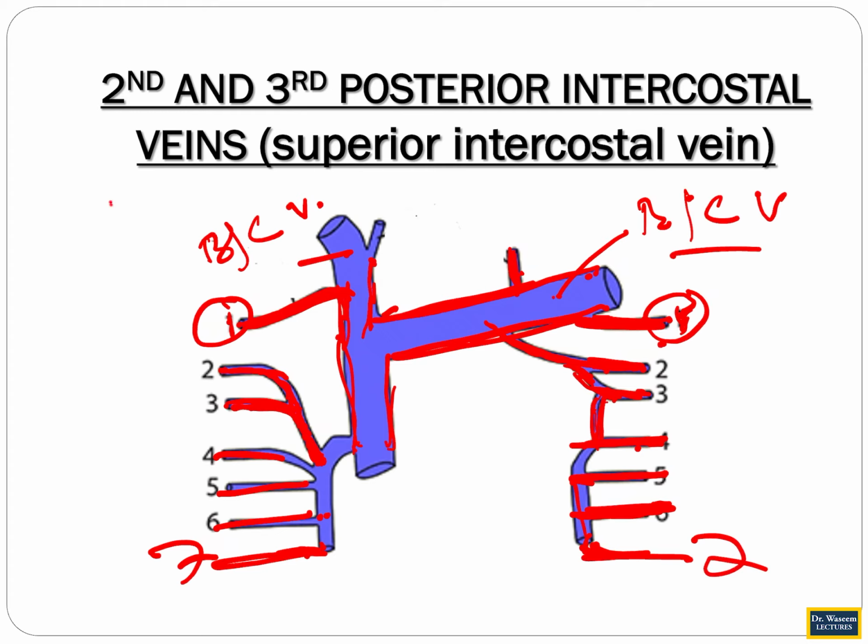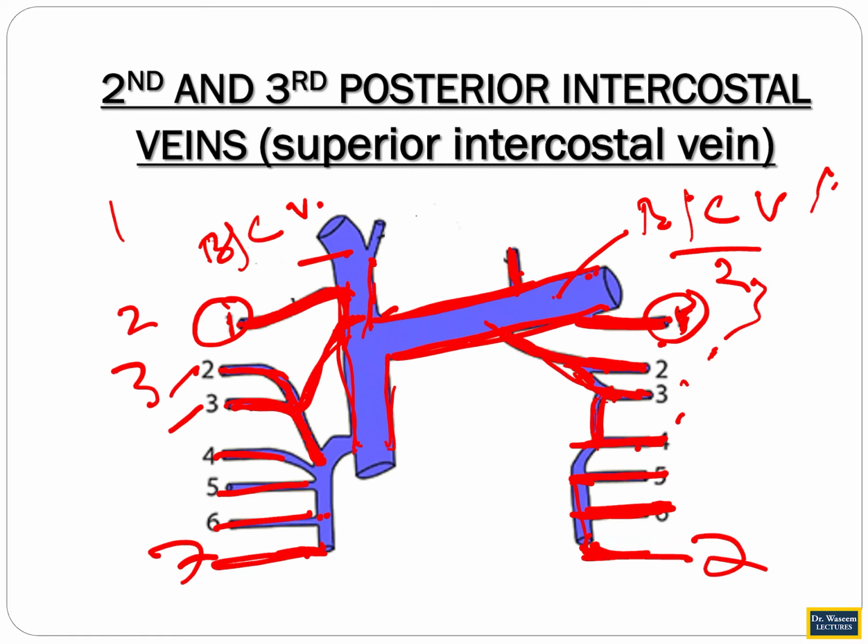So about the first posterior and about the 2nd and 3rd posterior, the arrangement is different. This can even open here sometimes, it's no problem, because in the veins there are a lot of variations. The 2nd and 3rd both join together to form the superior intercostal, and can go into the brachiocephalic of their own side.